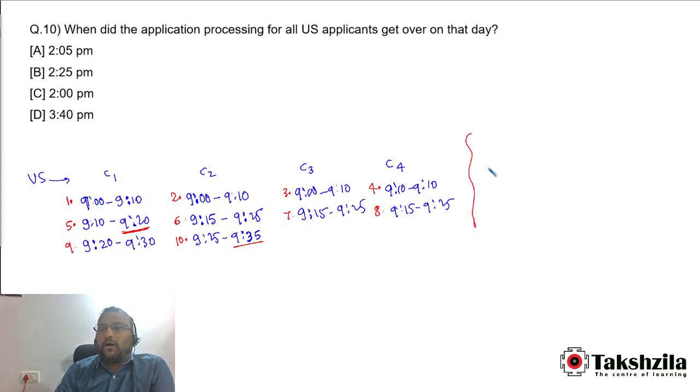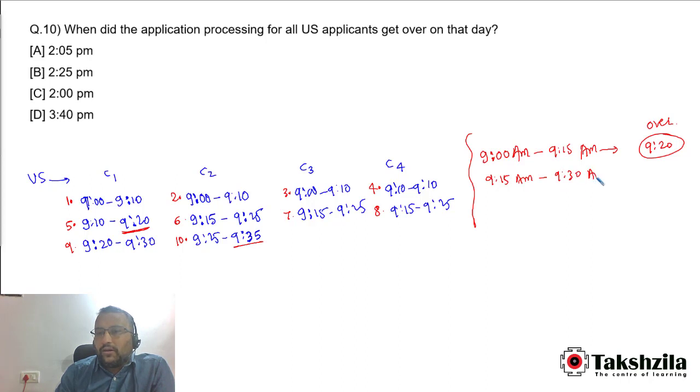The first slot starts from 9 o'clock to 9:15, but the applications get over at 9:20. The second slot starts at 9:15 and ends at 9:30, but all its applications will get over by 9:35. It means 5 minutes after the slot ends.